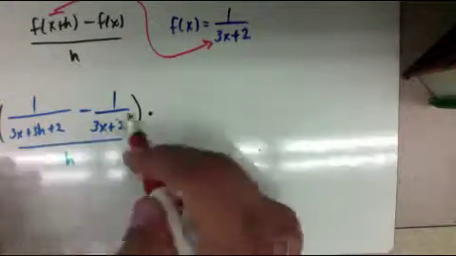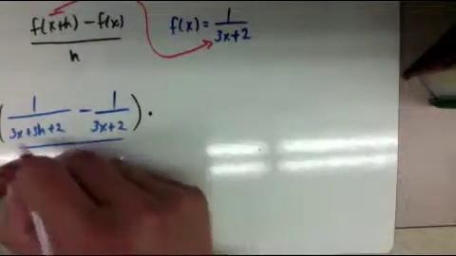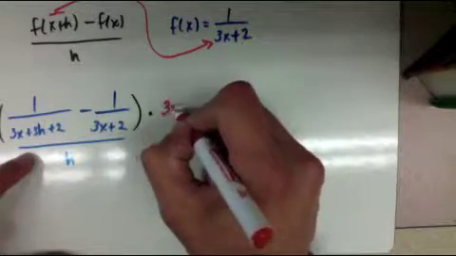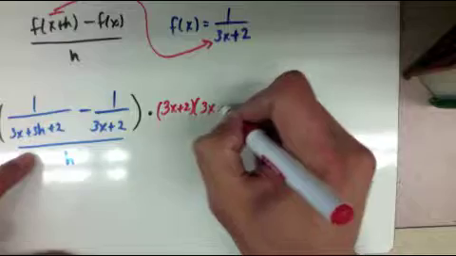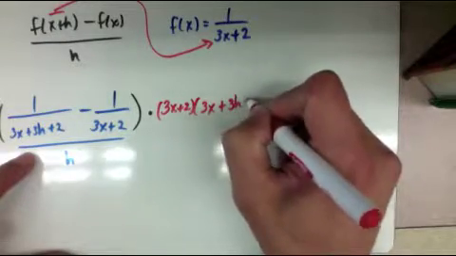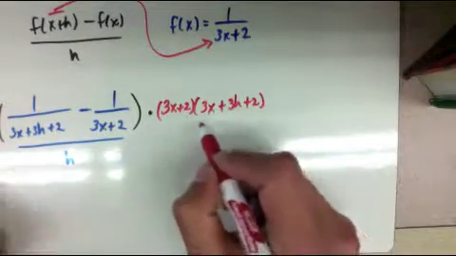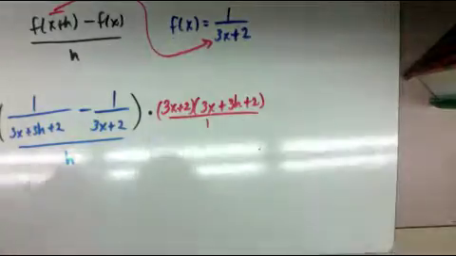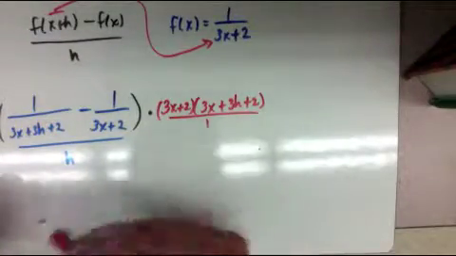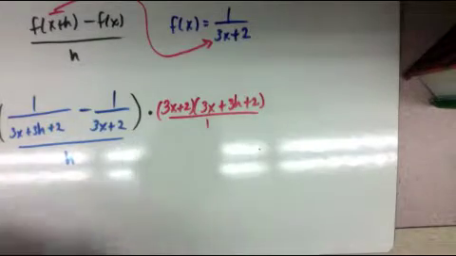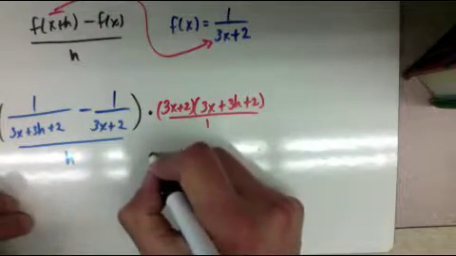So we're going to multiply by the common denominator, which is going to be, I'm just going to use these two denominators here, 3x plus 2 times 3x plus 3h plus 2. If you want, you can put a 1 under it. Technically we're multiplying fractions. Now whatever you multiply on the bottom, you have to multiply on the numerator, you have to multiply on the denominator.